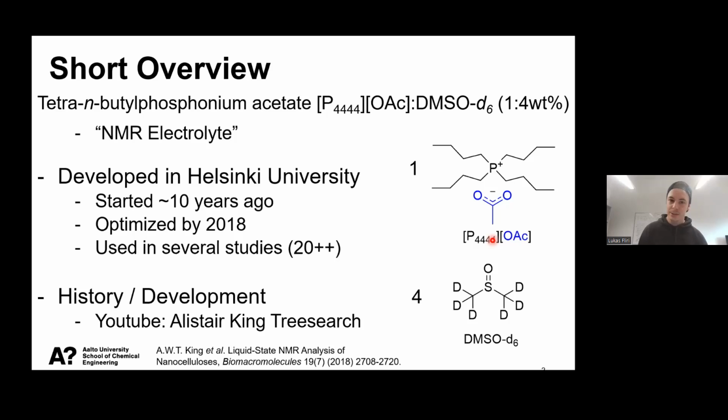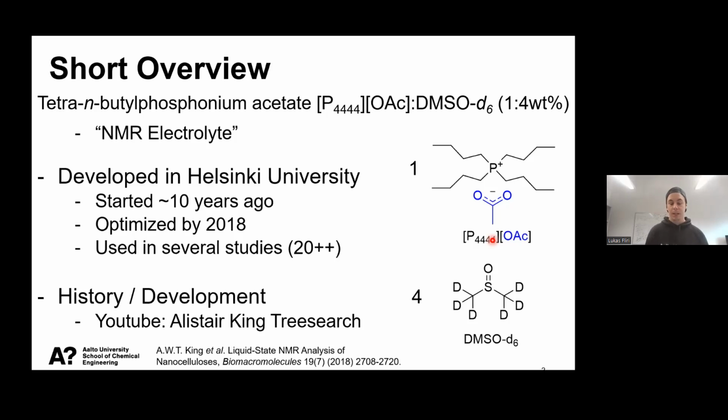This method is not really new. It got developed in Helsinki University over a course of, I would say, almost 10 years. So the first reports date back 10 years or so. After they discovered that this solvent system has very nice properties for NMR applications, a team around Alistair King put a lot of effort in optimizing the electrolyte system, optimizing the NMR part, and they came up with a very nice NMR method that got published already in 2018 in Biomacromolecules.